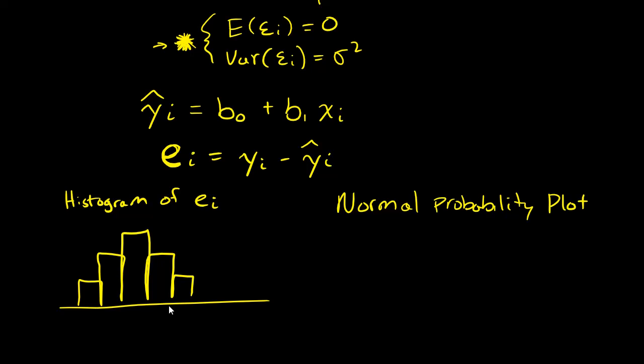The normal probability plot that I use, and that a lot of people use, is based on a statistical theory in order statistics.